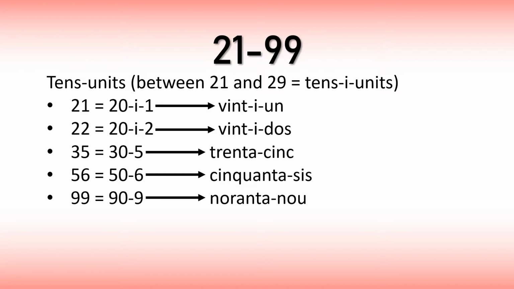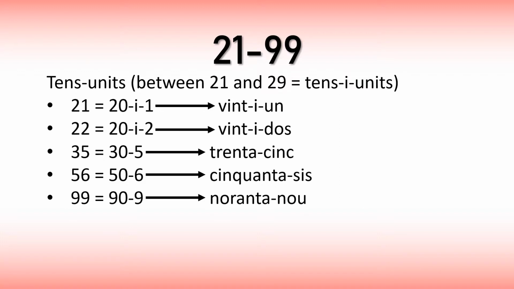So the tens are 30 and the units are 5. 35. For 56, you have 50 and then 6. 56. For 99, there's 90 and then 9. 99.